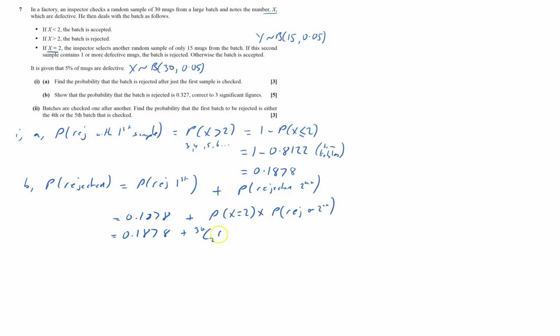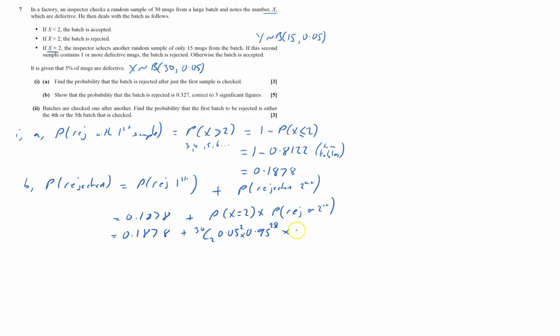You've got 2 successes, so 0.05 squared, and then lots of failures, 0.95 to the power of 28, because I'm going to have 28 failures mixed up with those 2 successes.